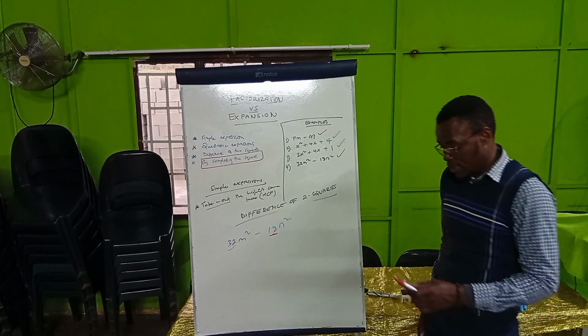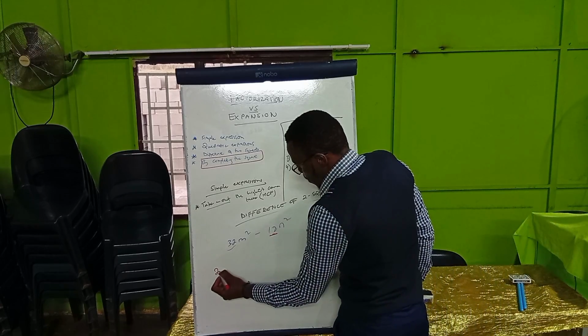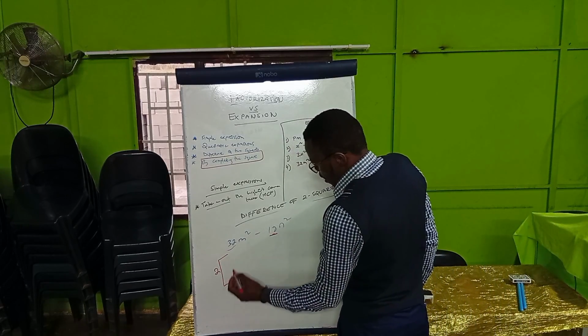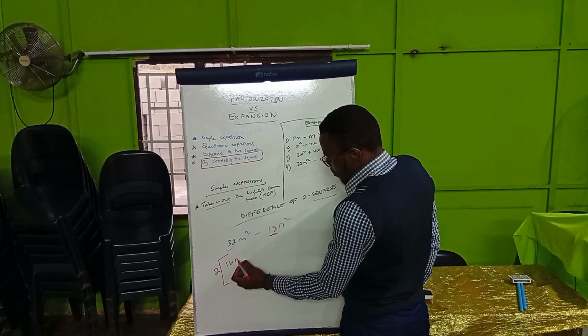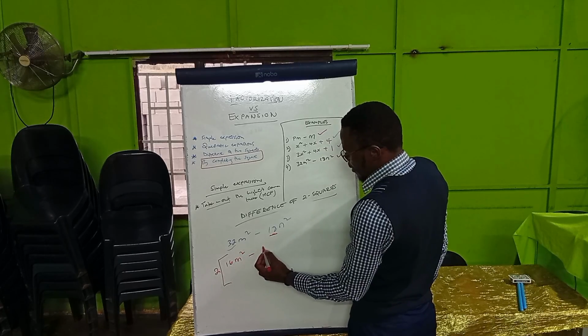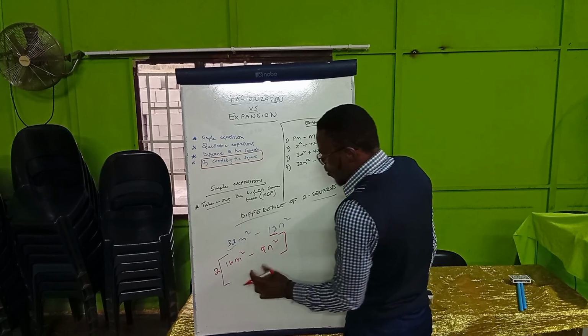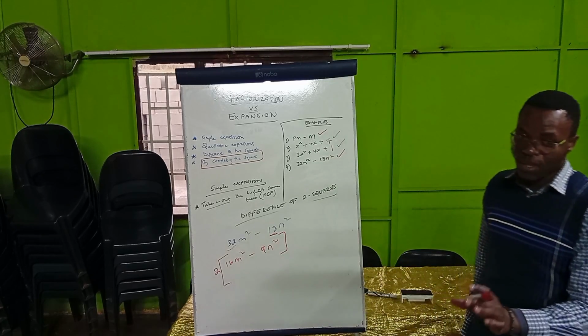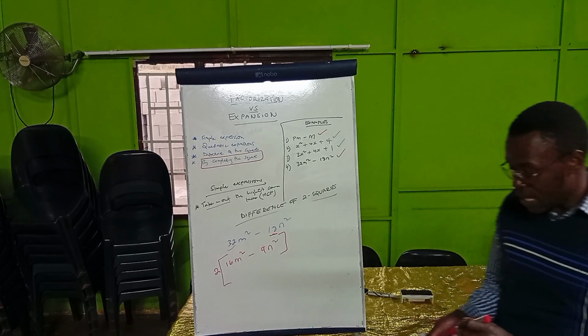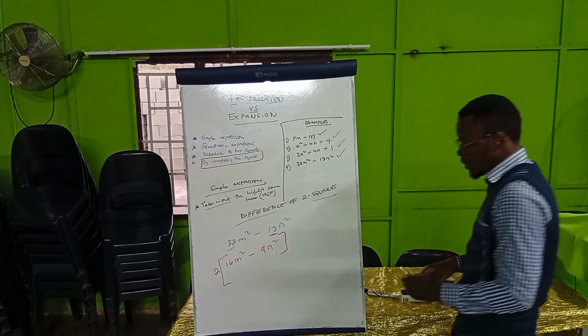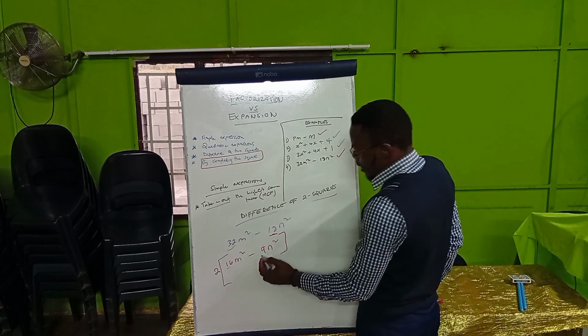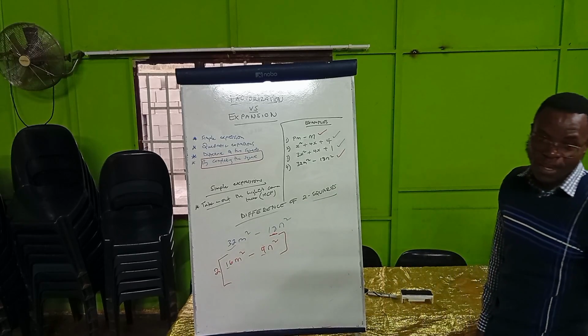You'll notice that if you take out 2 as a factor, you'll be left with 16m squared minus 9n squared. So now this becomes accessible and quite easy to solve, because now we know that 16 is a square number and 9 is also a square number.